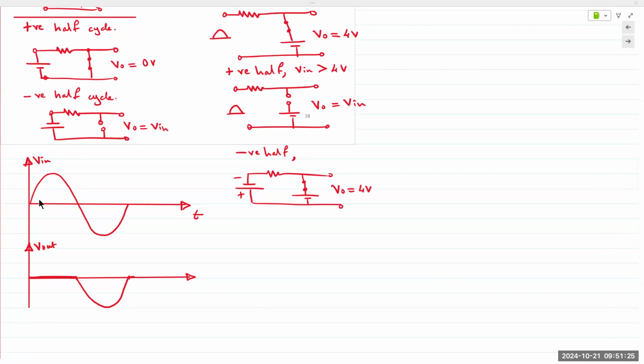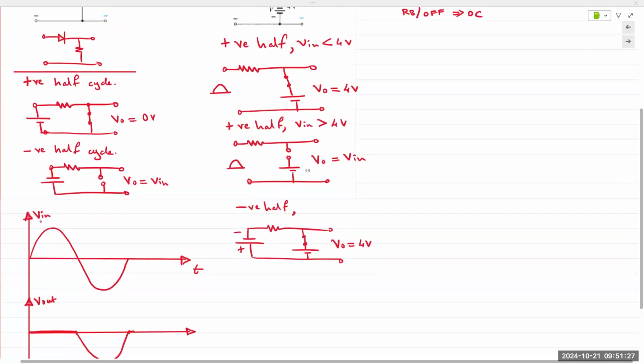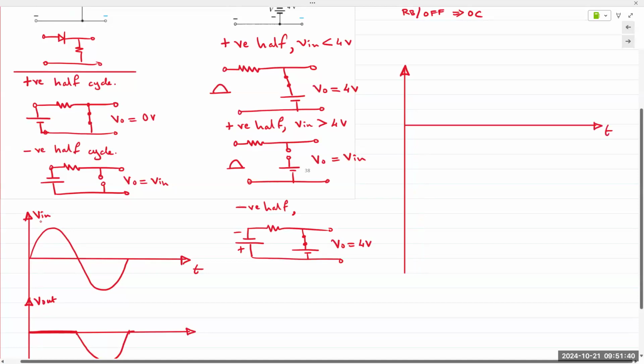It'll make, hopefully it'll be a little bit clearer. So let's see here. And this is our input waveform. This is V in.